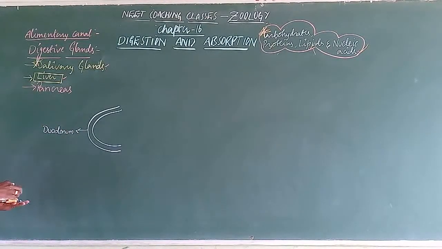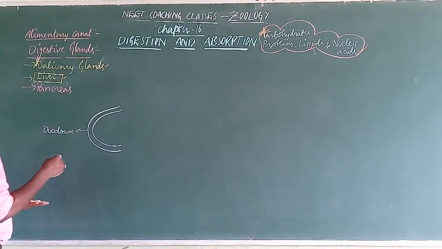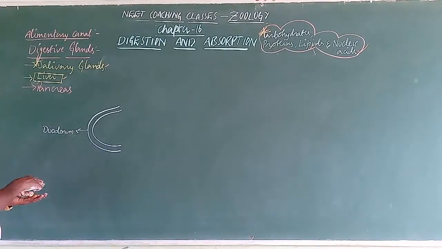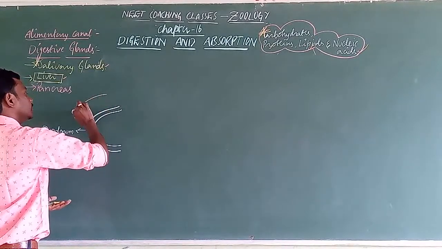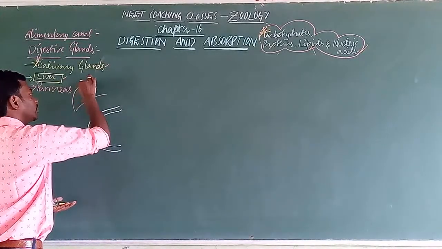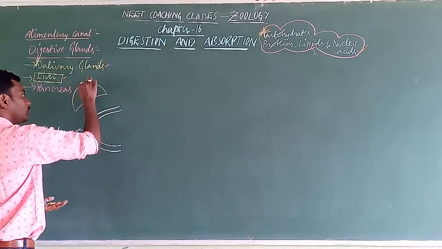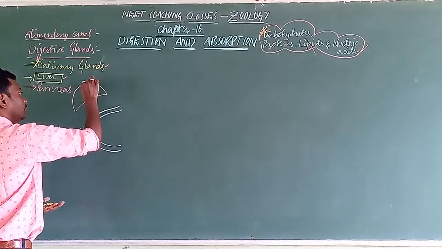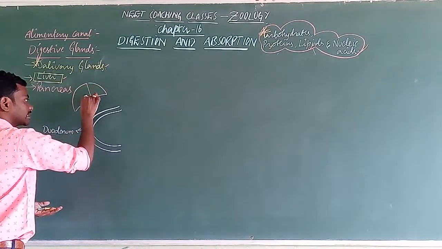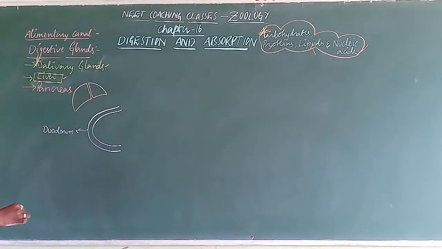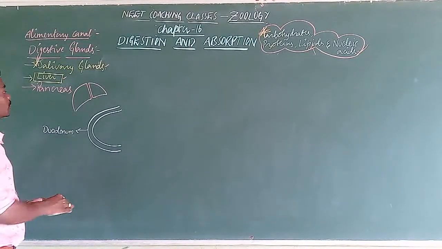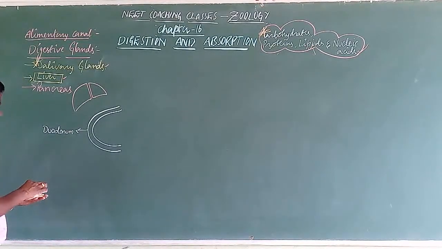In the previous session itself, we discussed that the largest gland in the human body is the liver. It is present in the abdominal region just below the diaphragm, in two lobes.